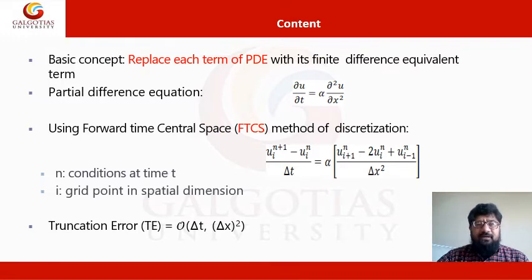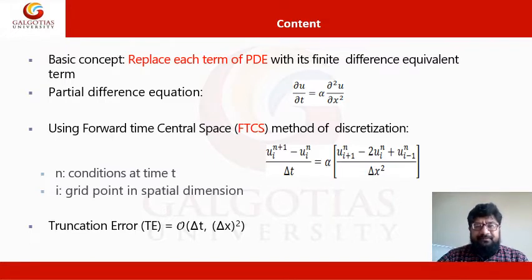So if we have the partial differential equation del u by del t equals alpha del 2u by del x2, which is the unsteady one-dimensional heat equation, and we discretize the time derivative with forward finite difference and the second order space derivative with a central finite differencing strategy, this will be called an FTCS strategy or FTCS scheme.